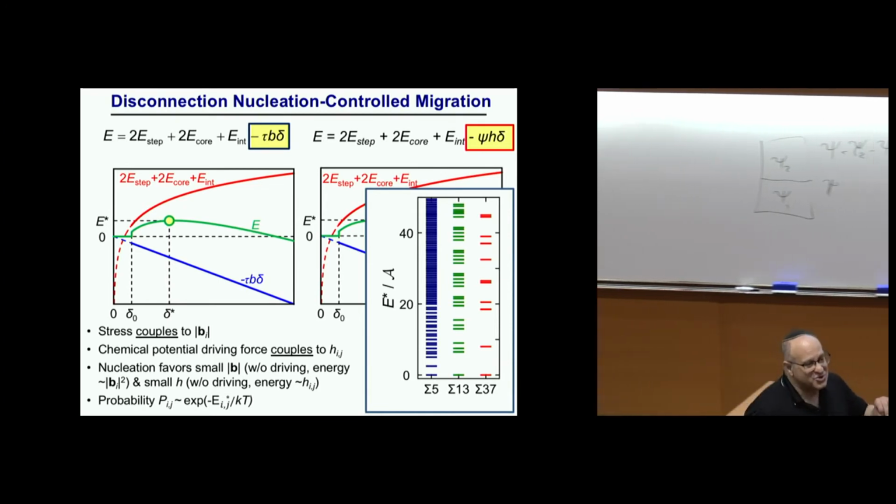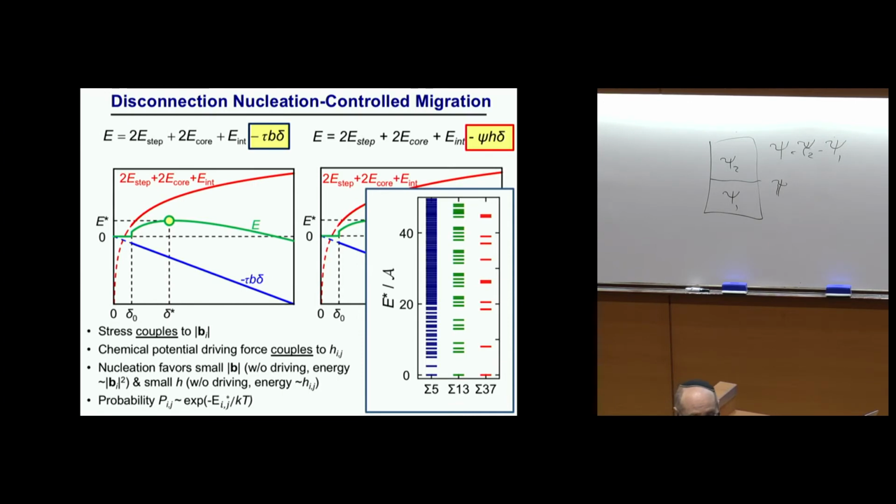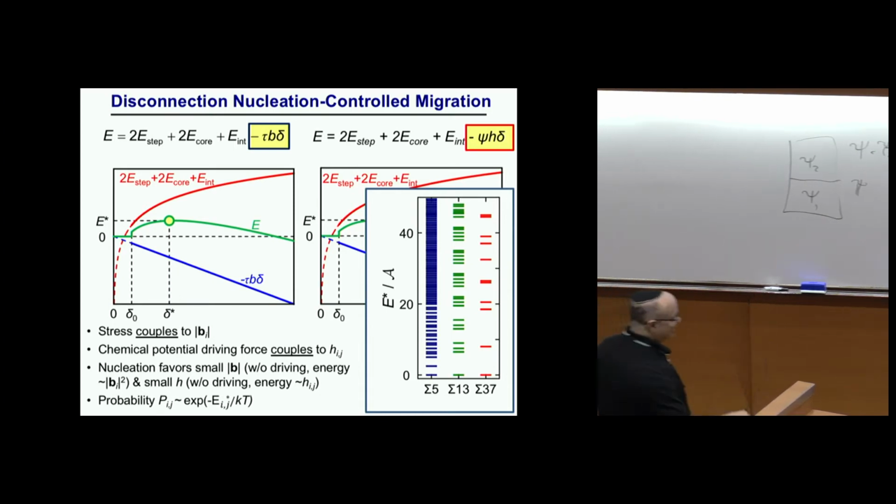Now, I can do trivial statistical mechanics here. And I say, well, what's the probability I nucleate a step disconnection where it's got a Burgers vector characterized by I and a step height characterized by J? Well, it just depends on the nucleation barrier, e to the minus that barrier over kT. There's the barrier. Okay? So I can figure out what's the probability density of each kind of disconnection. At low temperature, I'm just going to get the lowest energy one. At high temperature, I may have many.